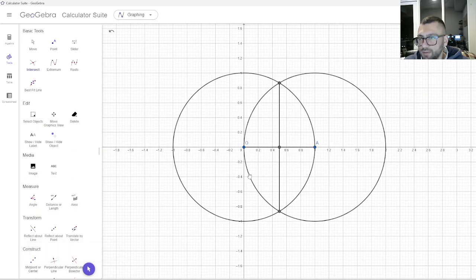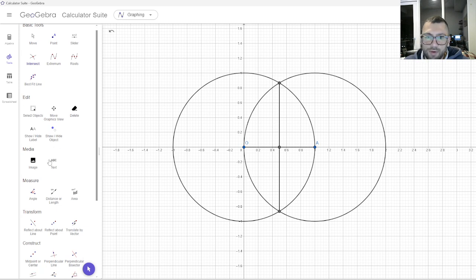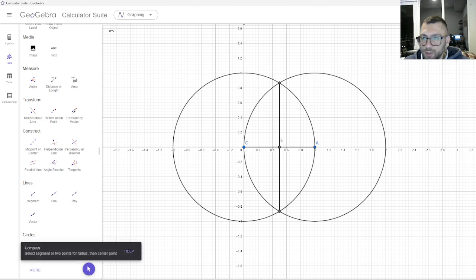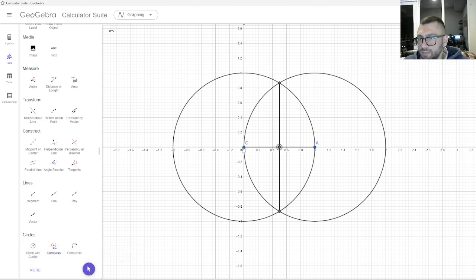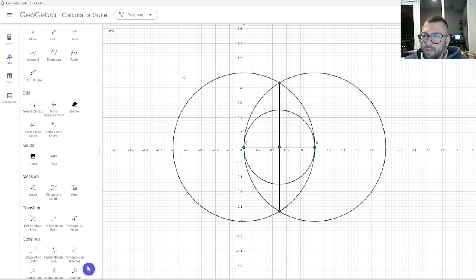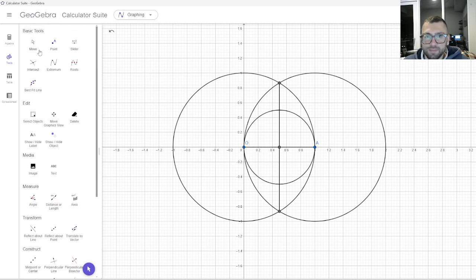That is our midpoint. Cool. Now from that midpoint, I'm going to take my compass and draw another circle, from that midpoint to O, and then up, I guess.